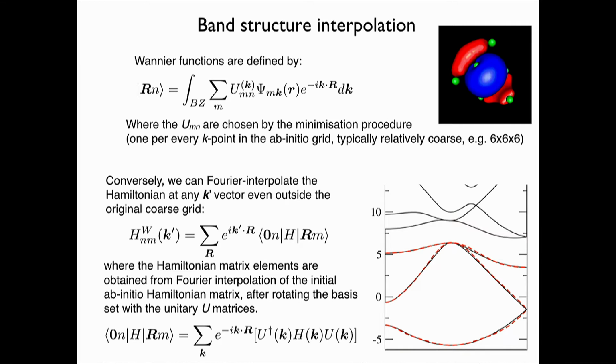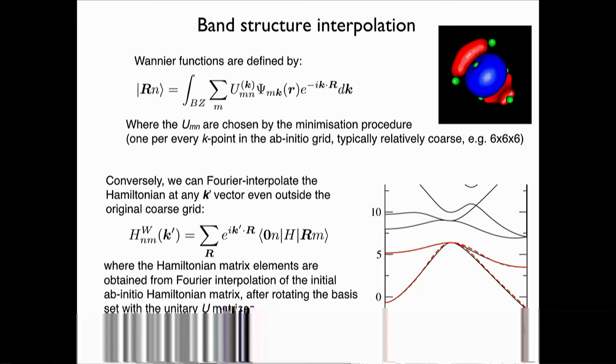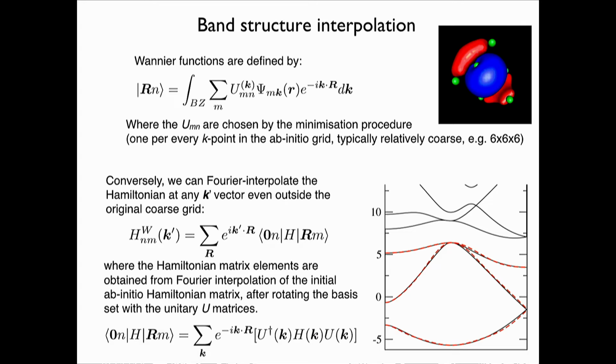So what you have to do is basically take your Hamiltonian at the k points on which you did your DFT, apply U on the right and on the left, which is basically a change of basis set, and do the Fourier interpolation on this. This already is very interesting. This gives you the matrix element of the Hamiltonian between two Wannier functions of different type, n and m, maybe one is s, one is p, on a different atom, and centered in two different unit cells.